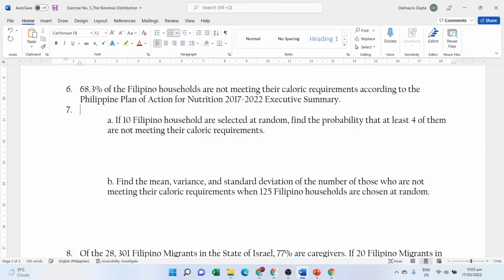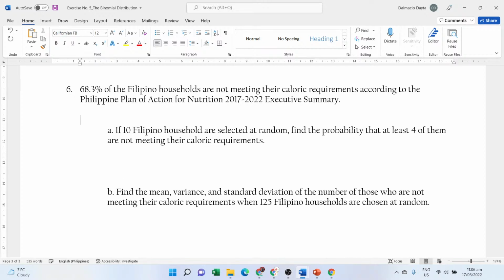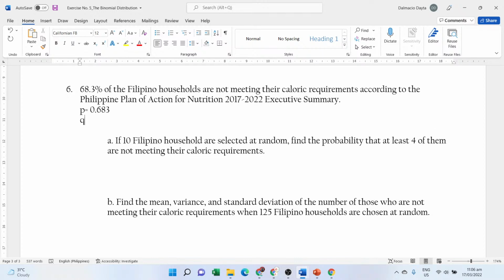First, let us have the representation for the problem. Ano yung P? P is the probability that the Filipino household is not meeting the caloric requirements, that is 68.3%, so 0.683.